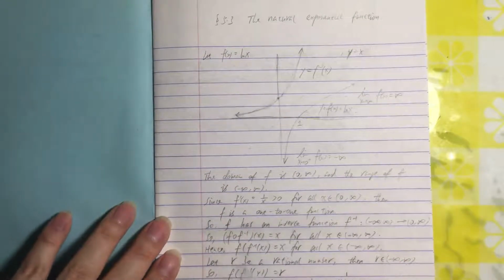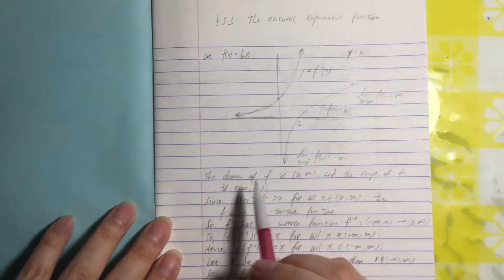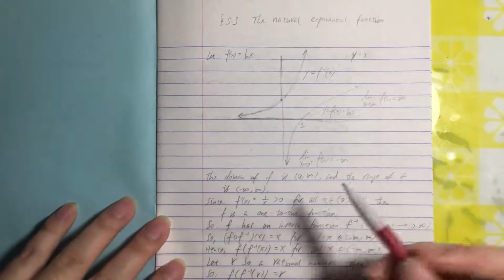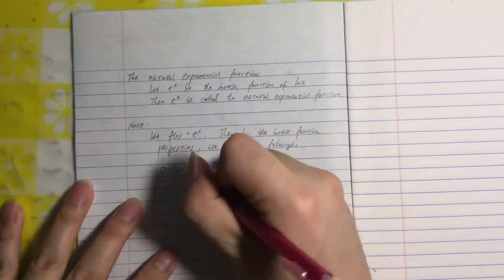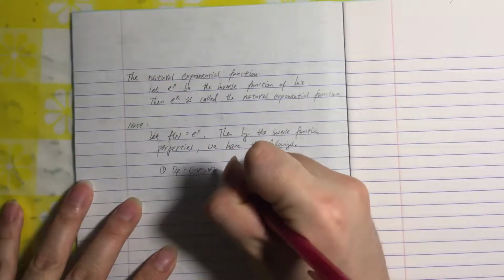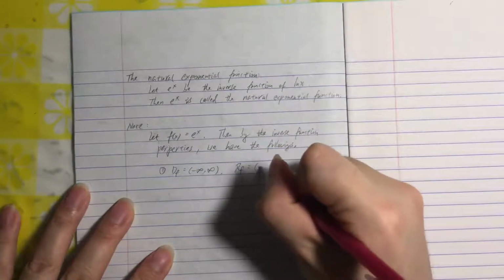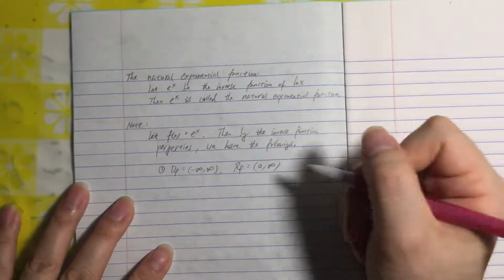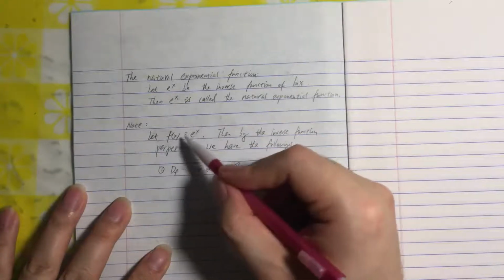So the domain of the natural exponential function is from negative infinity to infinity, and the range is the interval from 0 to infinity, which means this function is always positive.